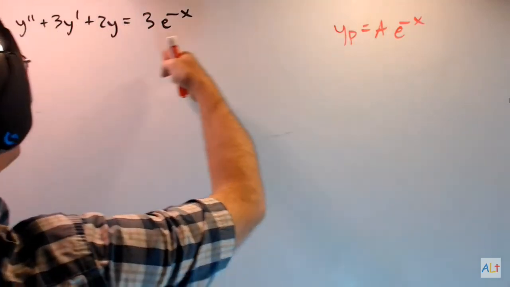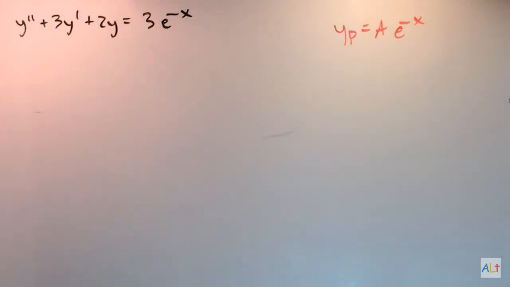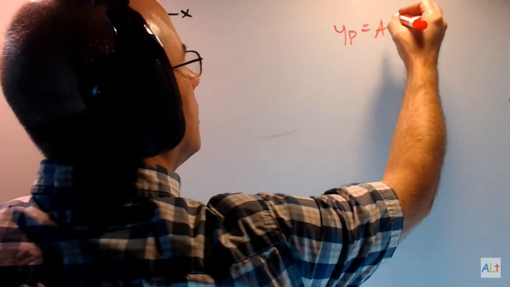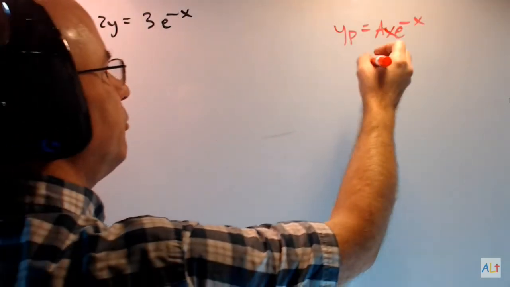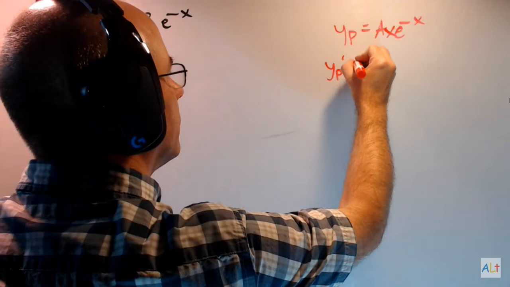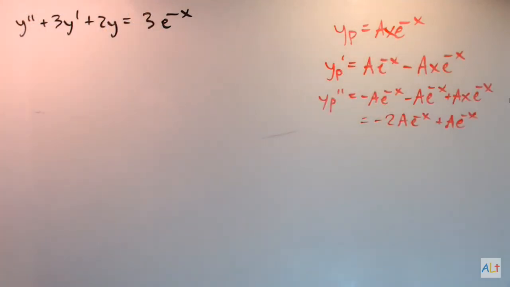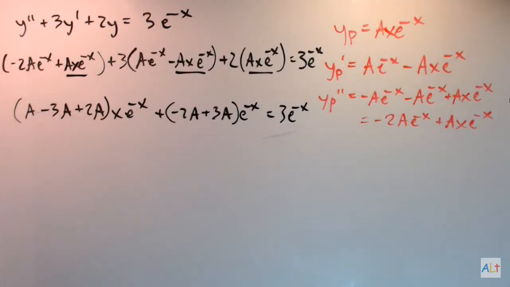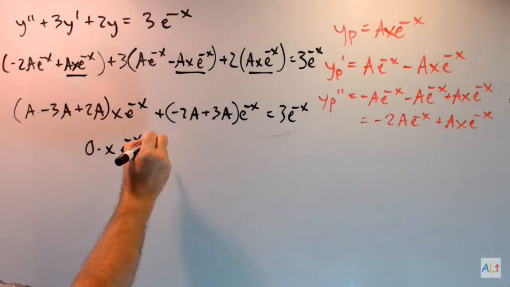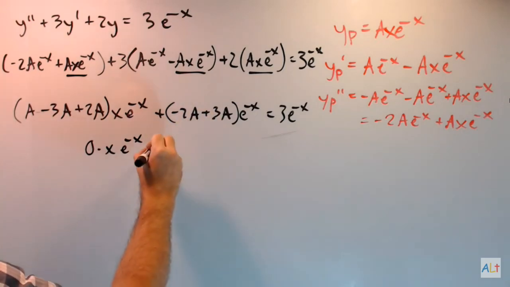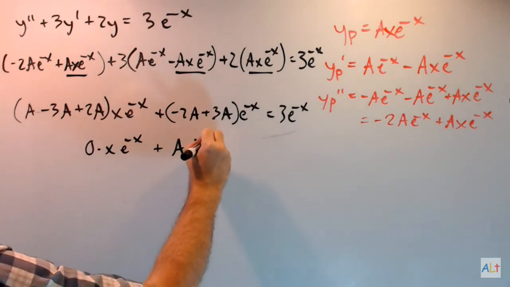So if this doesn't work, what can we do? Here's what we can do. Multiply by x. Watch what happens when I take the derivatives now. So now let's substitute. So a minus 3a plus 2a is 0. Negative 2a plus 3a is a.